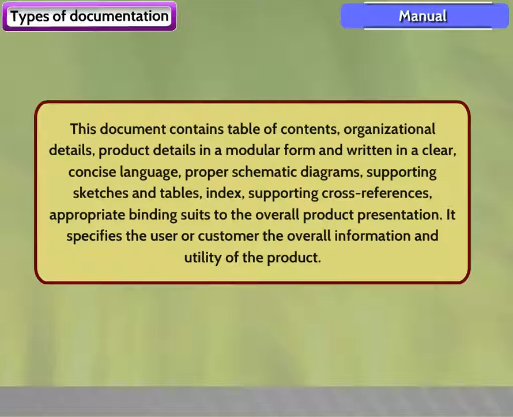This document contains a table of contents, organizational details, product details in a modular form and written in clear, concise language, proper schematic diagrams, supporting sketches and tables, index, supporting cross-references, and appropriate binding that suits the overall product presentation. It specifies to the user or customer the overall information and utility of the product.